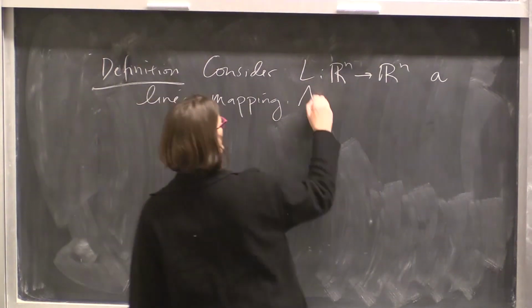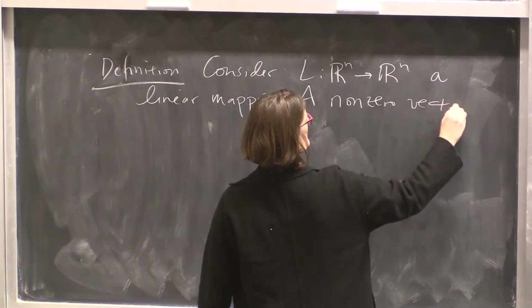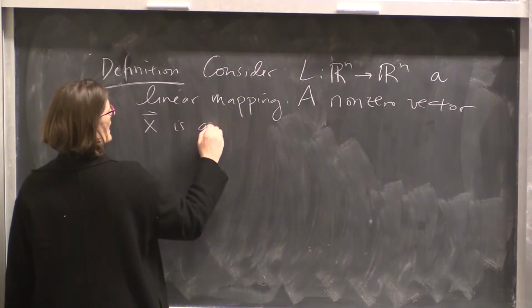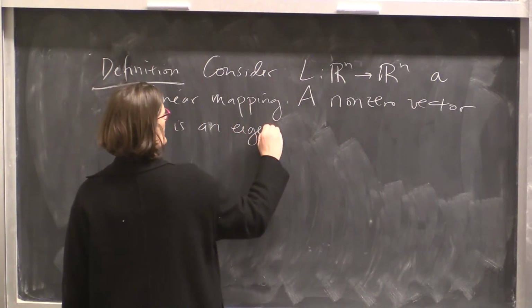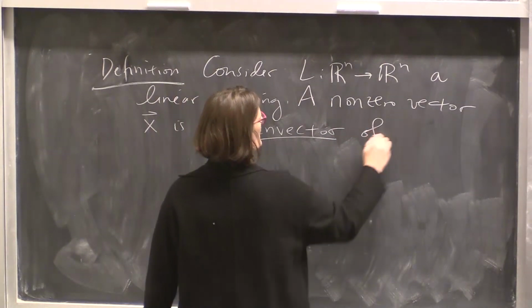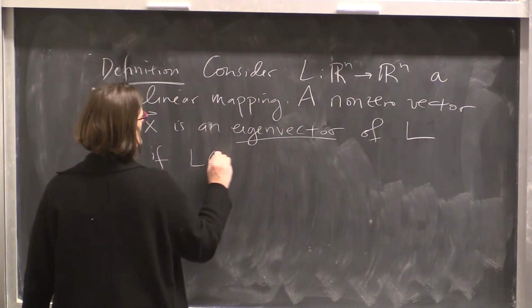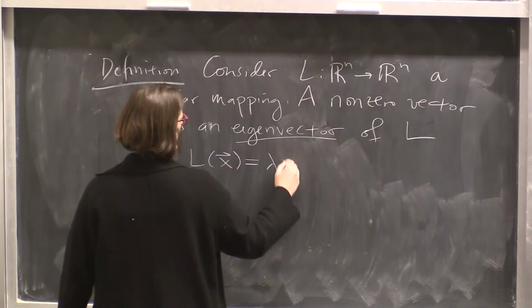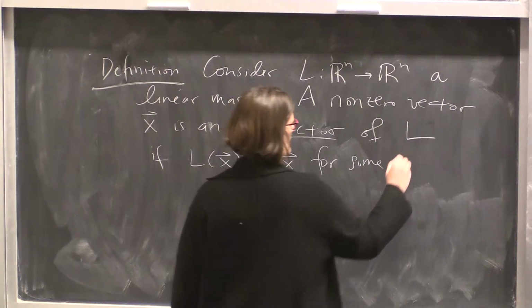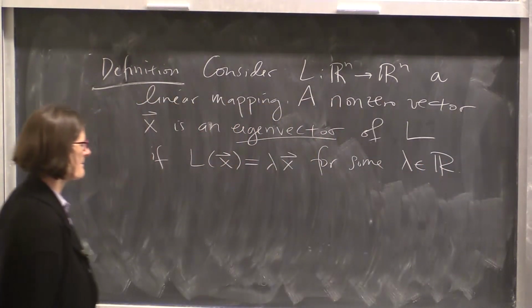A nonzero vector x is an eigenvector of L if L of x equals lambda x for some lambda. And we'll deal with real eigenvalues for the moment.